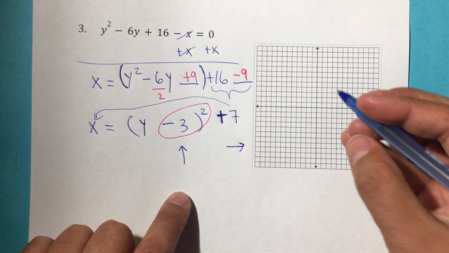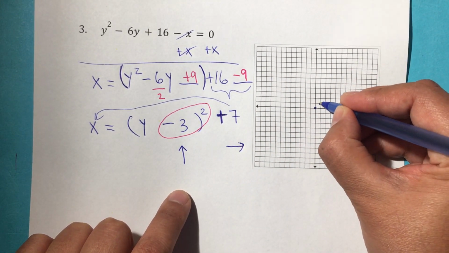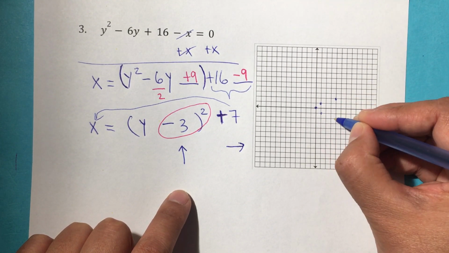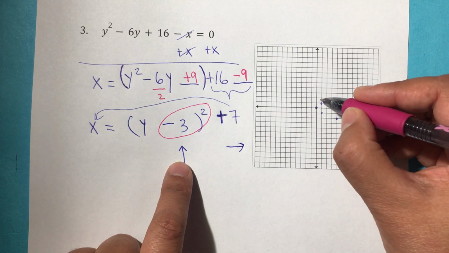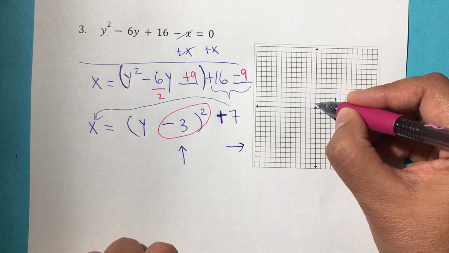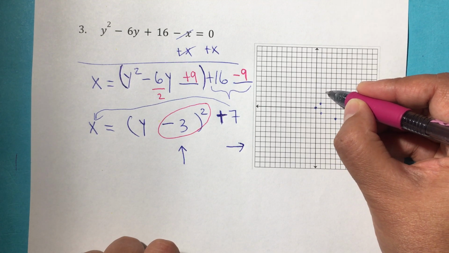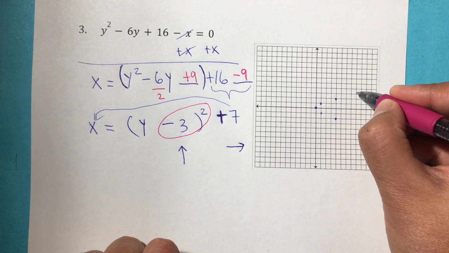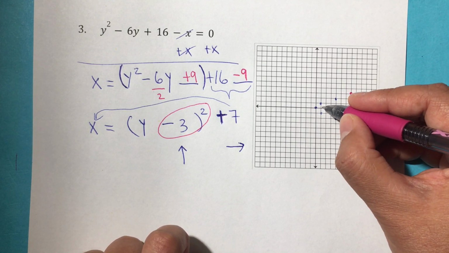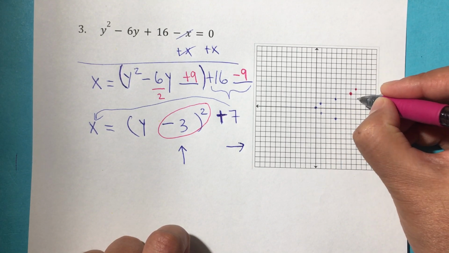So now that we have, again, our mother graph would have been here, and then 2, 4, and negative 2, 4. Now we go 3 spaces up for the vertex and 7 to the right. So 1, 2, 3. 1, 2, 3, 4, 5, 6, 7 right there. Then we have 1 and 1.